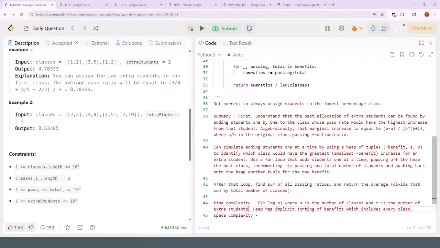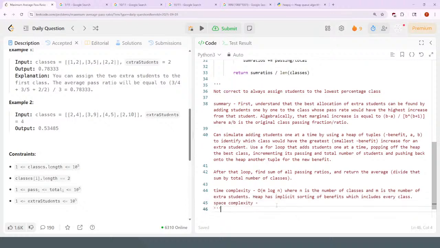I think that's right. The number of extra students affects how many times the top, which is the smallest, needs to be found.